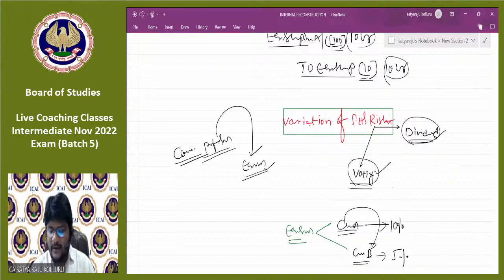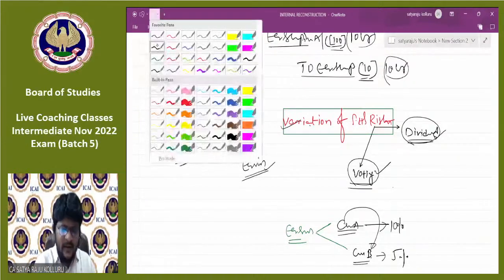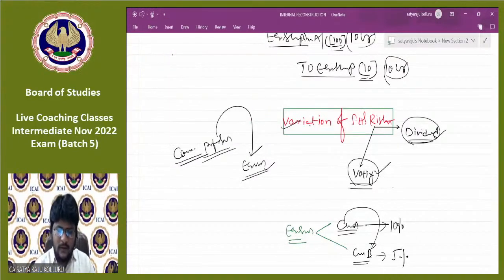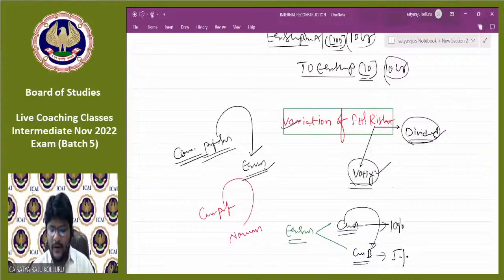Do you understand? Now, if we convert the Class A shareholders into Class B shareholders, that is known as variation of shareholders' right only. If I convert cumulative preference shares into non-cumulative preference shares, that is also variation of shareholders' right only.